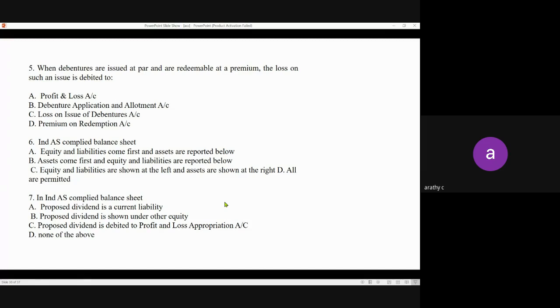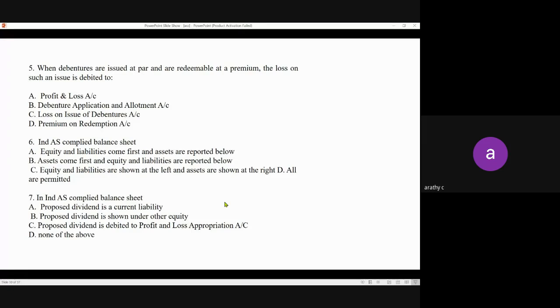Which account? No. Answer C. Loss on issue of debenture account.